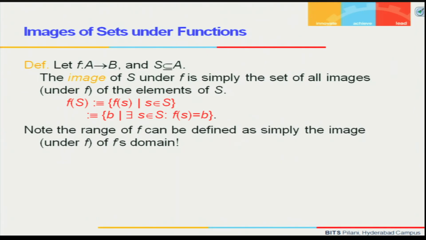So if you have got a function from A to B and you have got any subset S of A, then image of S is defined as all the images, that is f of s, for each element in S. This is how it is defined. You take all the images of the elements of S with respect to the function f, then you get image of S.